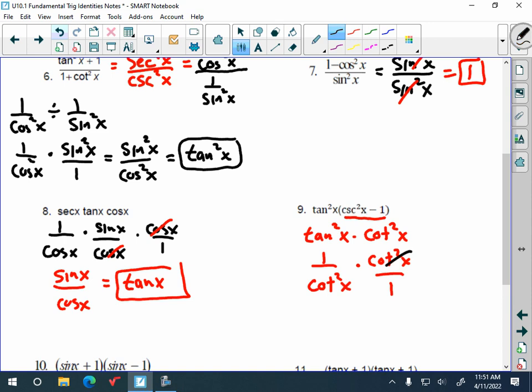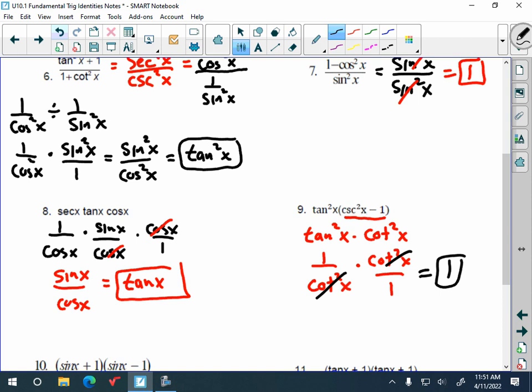I could cross cancel. I could have changed cotangent squared to 1 over tangent squared. Then the tangent squares cancel out. Again, 1. I could change tangent squared to sine squared over cosine squared, and then cotangent squared to cosine squared over sine squared, and then cross cancel everything out. Again, it'll all simplify down to 1. So it's all going to simplify to the same answer as long as you use the correct identities.